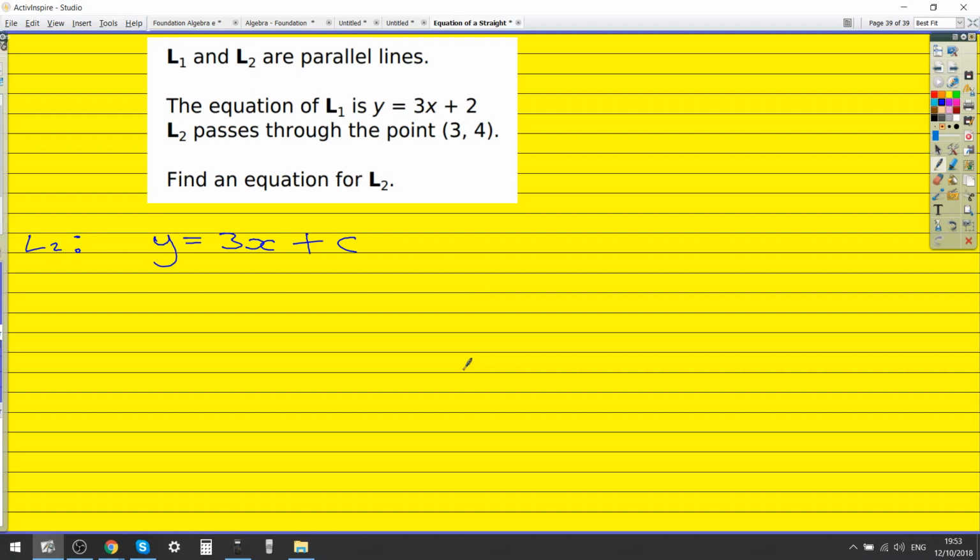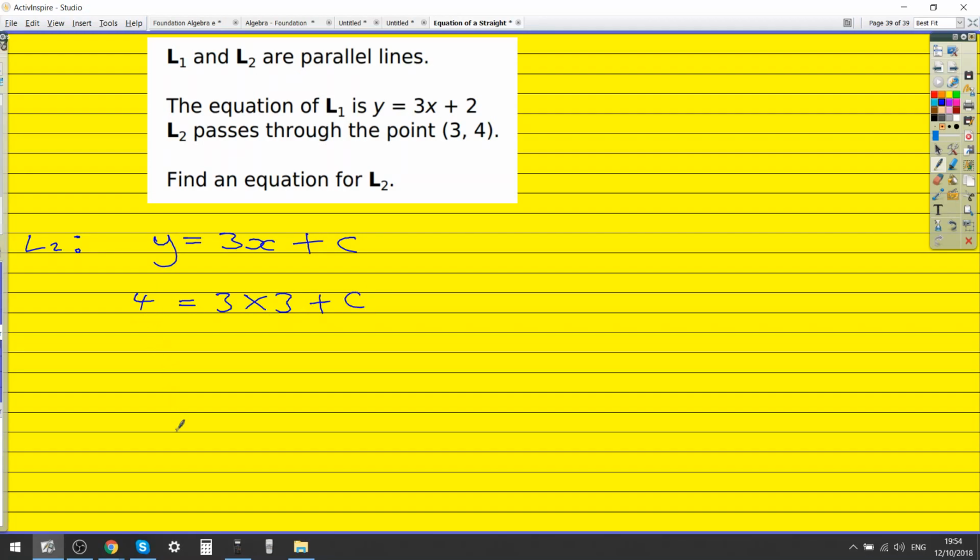You could sub them in, and so basically the way this will work is 3 times 3, because x is 3, plus something gives you 4.